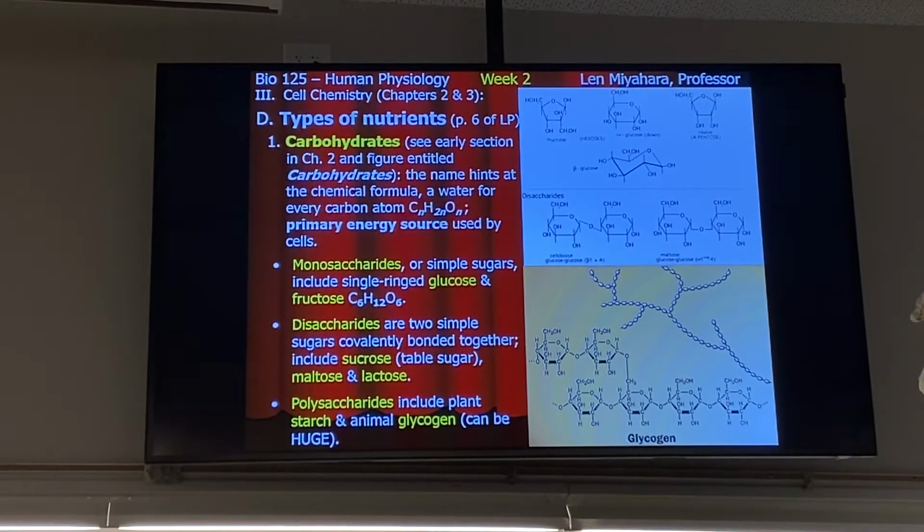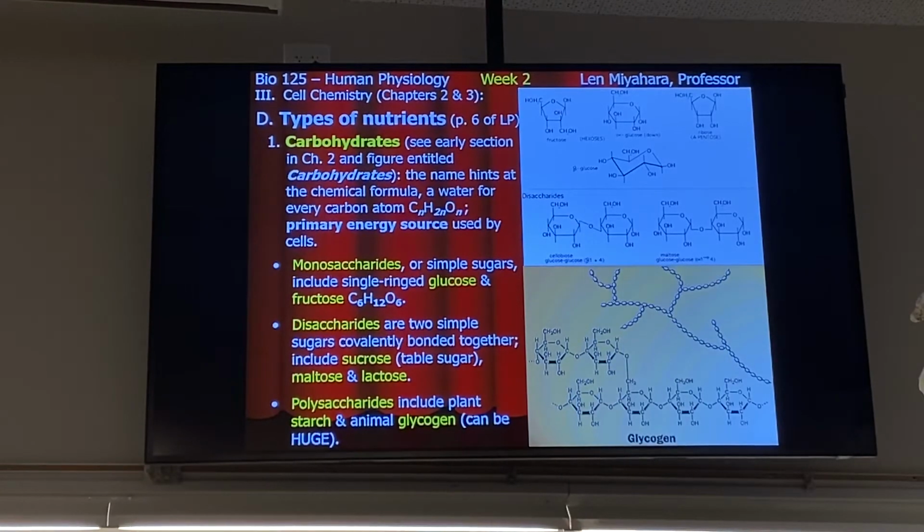But how you bind the glucose links together is the difference between glycogen and starch. Or cellulose, which, by the way, we don't make digestive enzymes for. You can't break down cellulose, which is why your mom told you to chew your corn, or you're gonna see it tomorrow. That corn husk is cellulose, and we can't break it down.